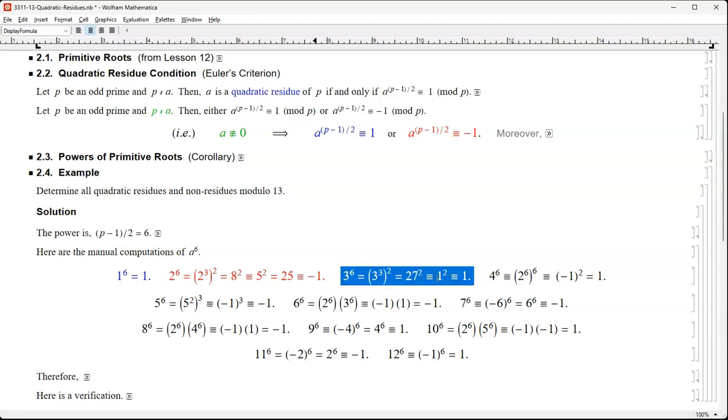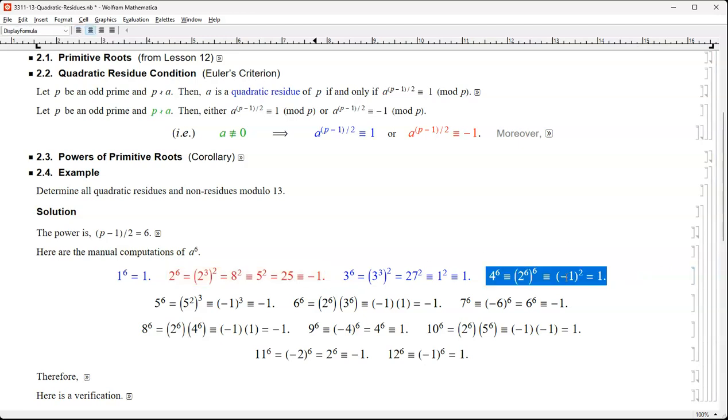So that's a quadratic residue. How about 4 to the 6th power? We already did 2 to the 6th power, and that squared, -1 squared, is +1. So that's a quadratic residue. And then we can complete all those computations with various uses of congruence and exponent rules.